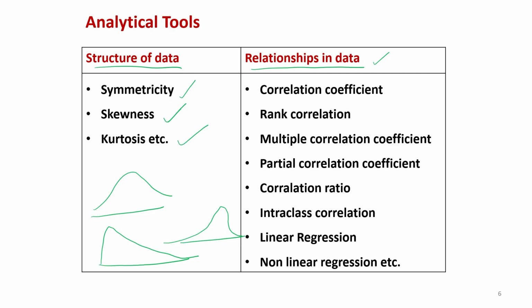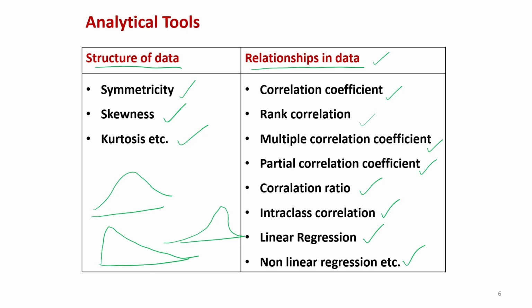We want to understand if the data has any sort of relationship, and if it does, what is its nature, what statistical model can be prepared to depict the relationship, and so on. For these things, we study the correlation coefficient, rank correlation, multiple correlation coefficient, partial correlation coefficient, correlation ratio, intra-class correlation, linear regression, non-linear regression, and many more things.